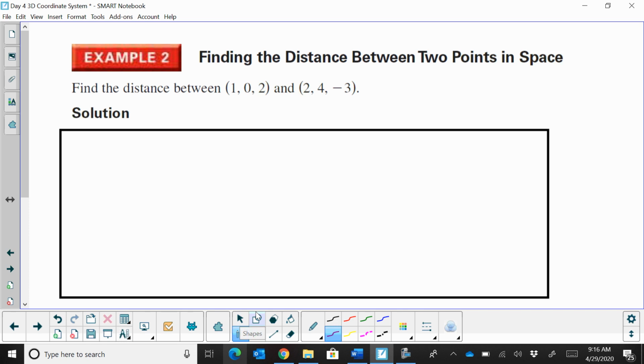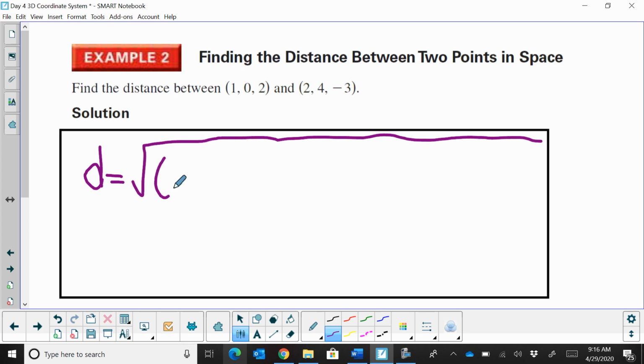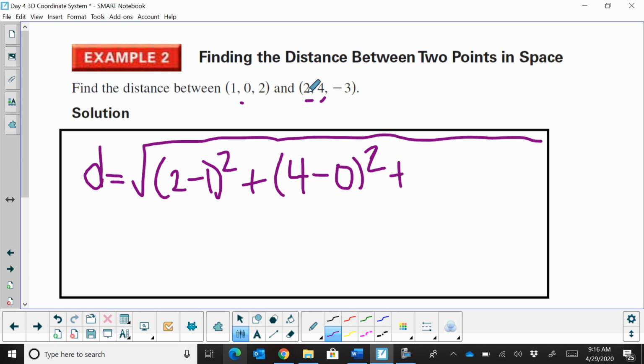Okay, so let's find the distance between (1, 0, 2) and (2, 4, -3). So the distance is equal to the square root, and I'm going to take my x coordinates and subtract, so 2 minus 1, quantity squared, plus my y coordinates, so 4 minus 0, quantity squared, plus my z coordinates, -3 minus 2, all quantity squared.